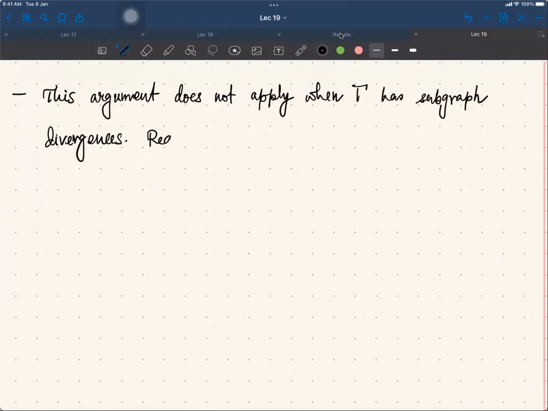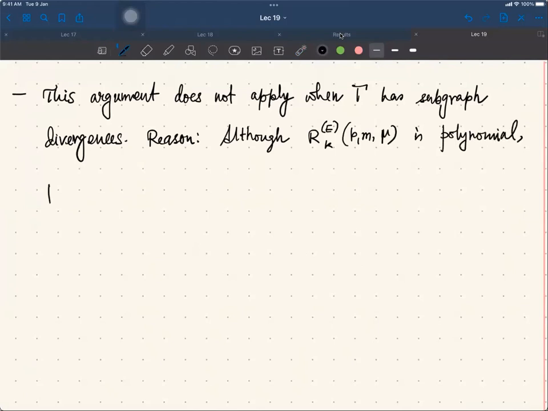And the reason is, as I discussed already, that although the residue is polynomial, F_k, P m mu is not.